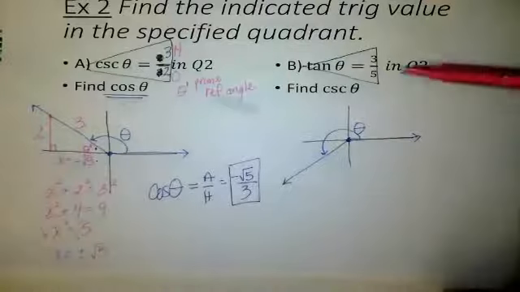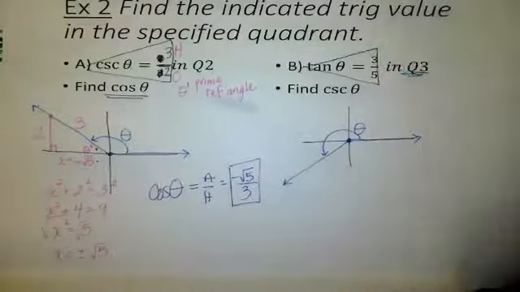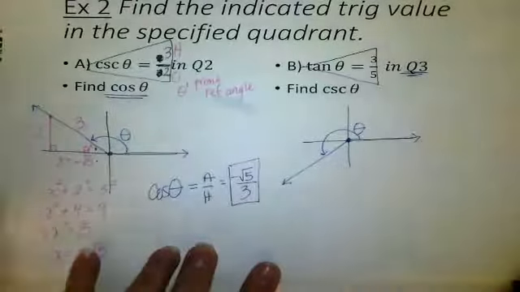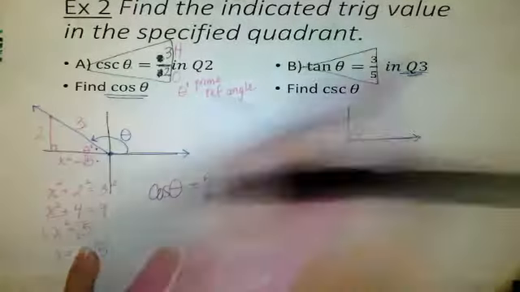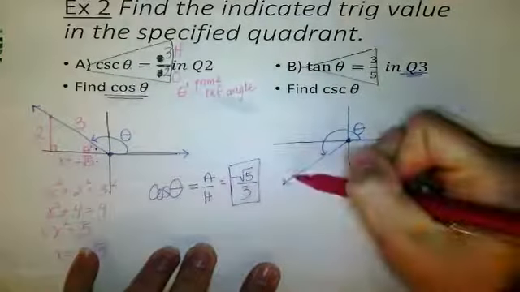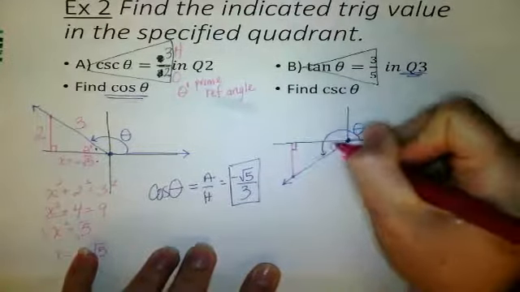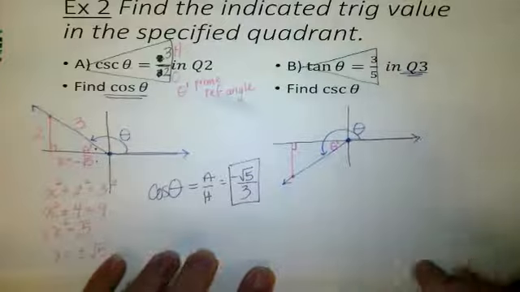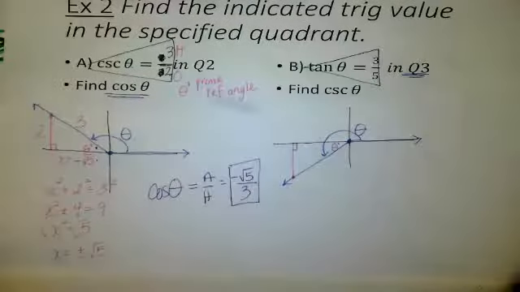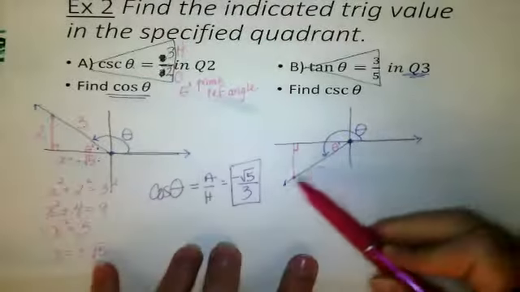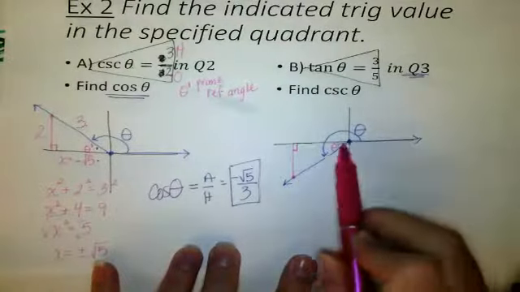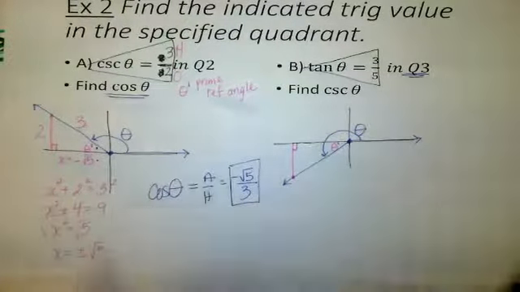What do I need to do in order to set up this ratio? Drop your altitude to the x-axis. It always goes to the x-axis. And then I get my little reference triangle, which is always between the terminal side and the x-axis.